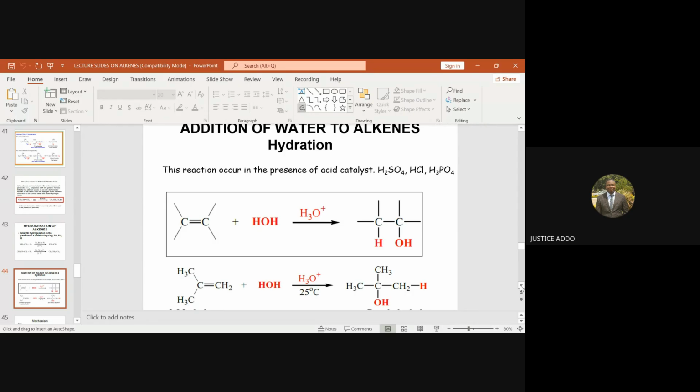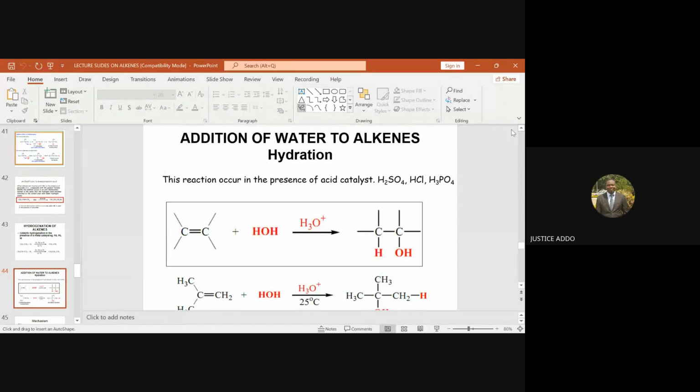Can an alkene react with water? No, I don't think so. On the screen, we are saying addition of water to alkenes. That is hydration, and that will form an alcohol. Why are you saying no?